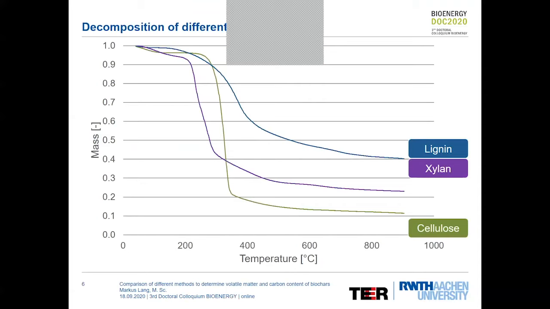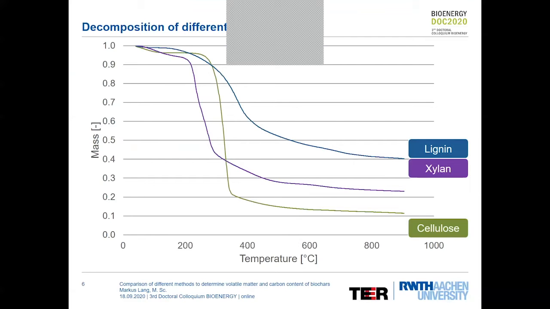And you can see that the decomposition of xylan starts first between 200 to 300 degrees. And this is followed by the decomposition of cellulose in the temperature range of 300 to 350 degrees. And lignin decomposes over a wider temperature range and is still not completed at 900 degrees.